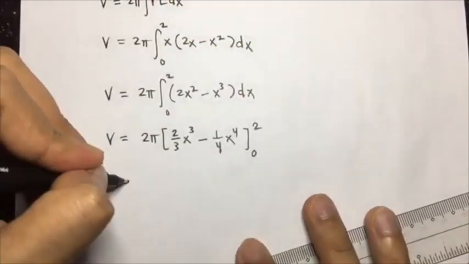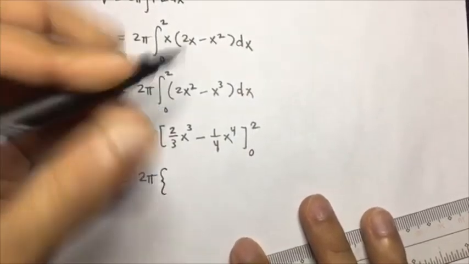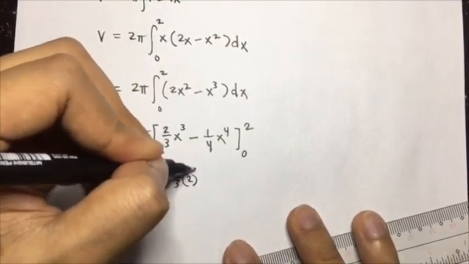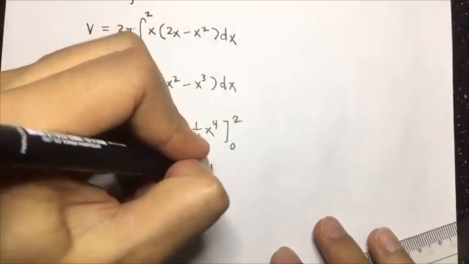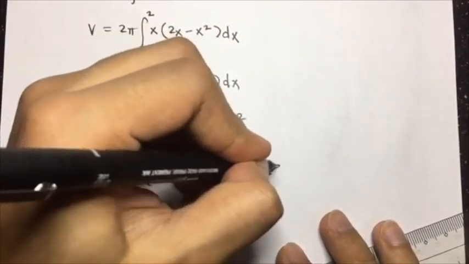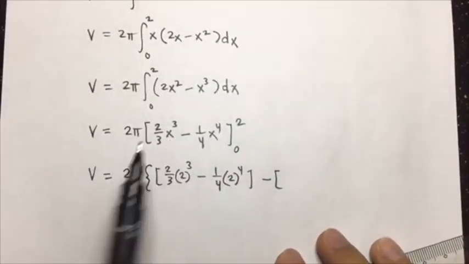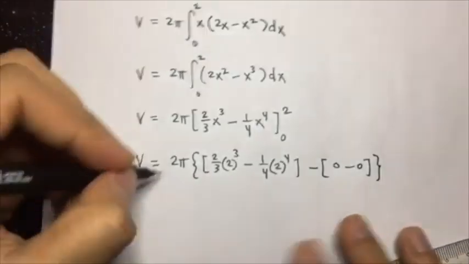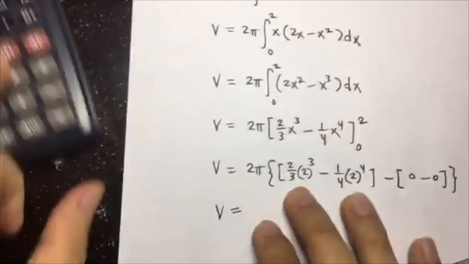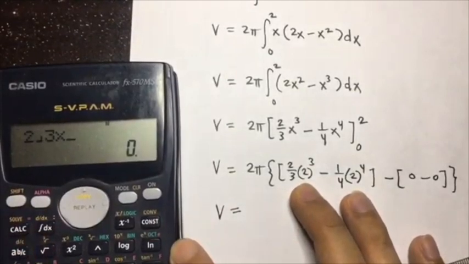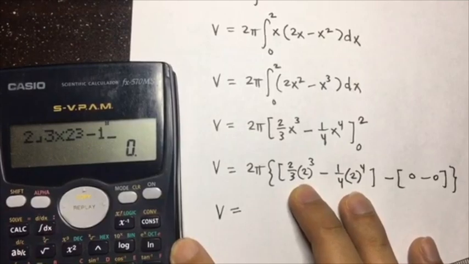Substituting the limits, V is equal to 2 pi. Substituting the upper limit, we have 2 over 3 times 2 cubed minus 1/4 times 2 to the power of 4, minus, if we substitute 0 in the first term, it will become 0, and then 0, so minus 0. So we can use our calculators: 2 thirds times 2 cubed minus 1/4 times 2 raised to the power of 4.